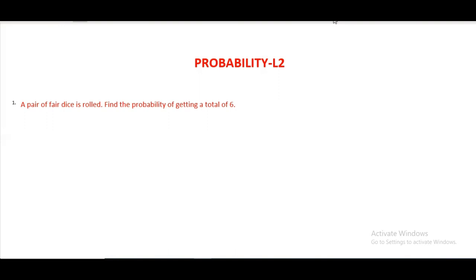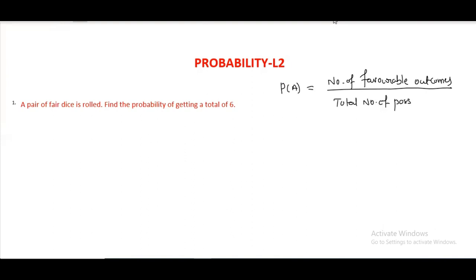In my probability video 1, part 1, I discussed the classical definition that if A is an event, the probability of an event A is equal to number of favorable outcomes divided by total number of possible outcomes.